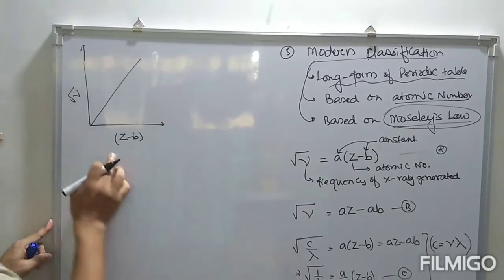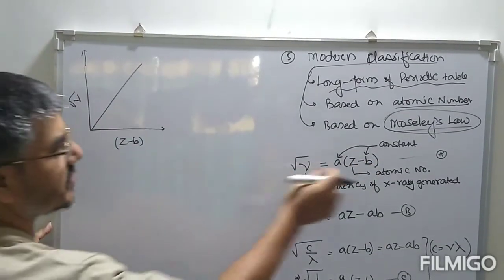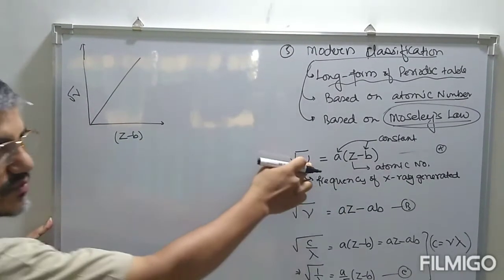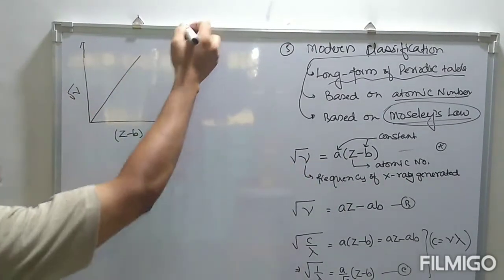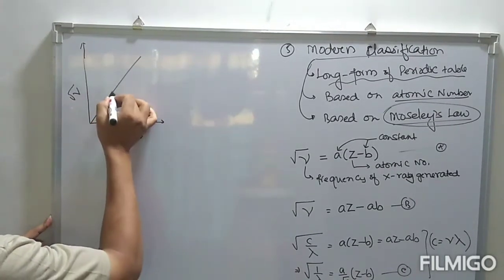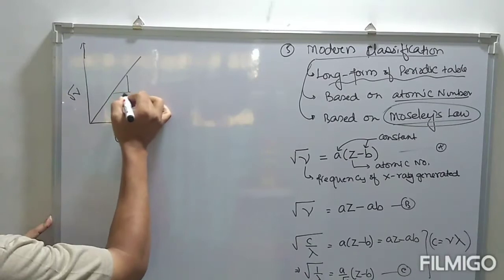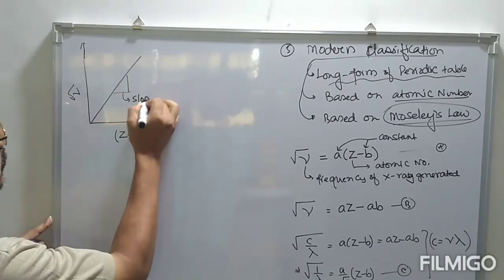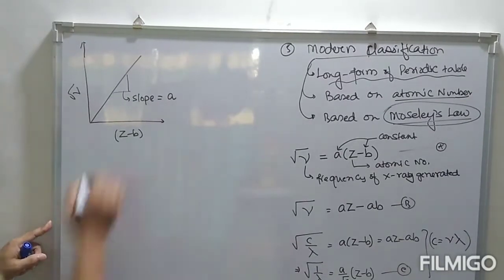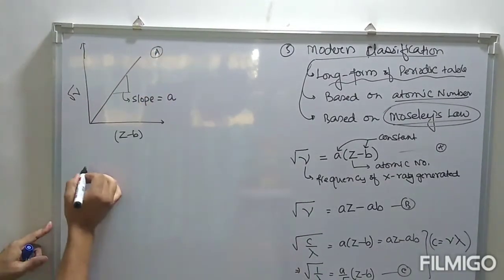If Z minus B equals 0, frequency is 0. If Z minus B has some positive value, this becomes some positive value. So it increases in a straight line, and the slope of the graph is equal to A. That is equation A.